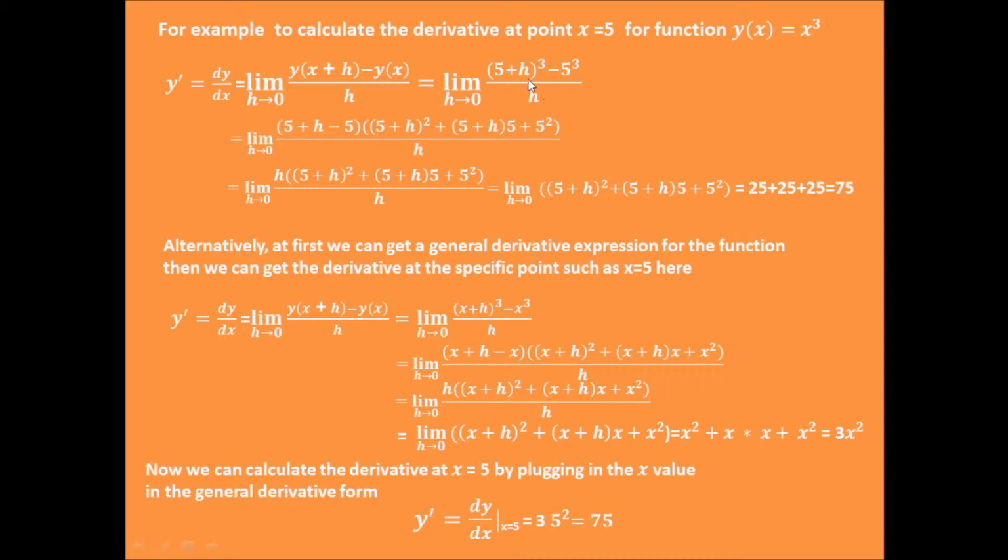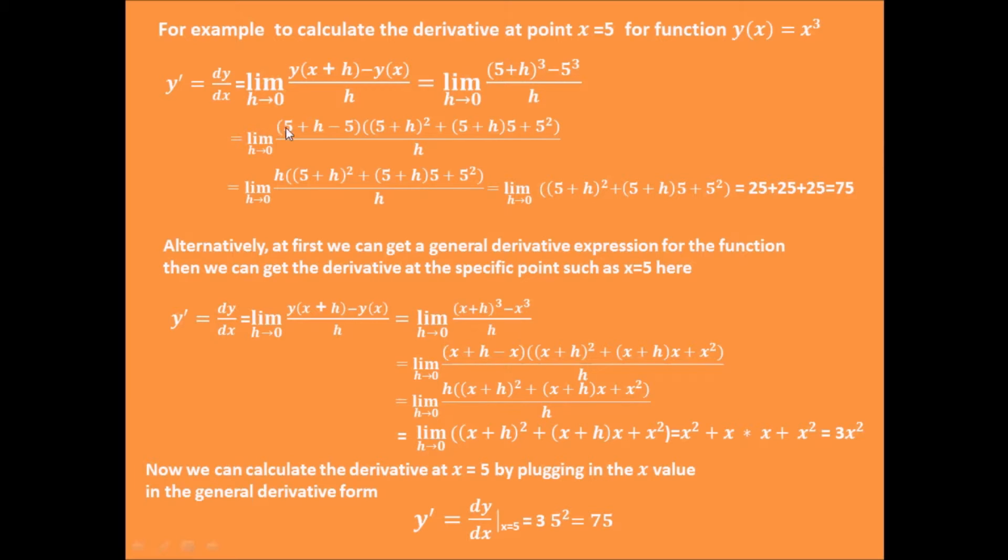Now we want to expand the numerator. Then we use the formula a cubed minus b cubed equals (a minus b) times (a squared plus ab plus b squared).